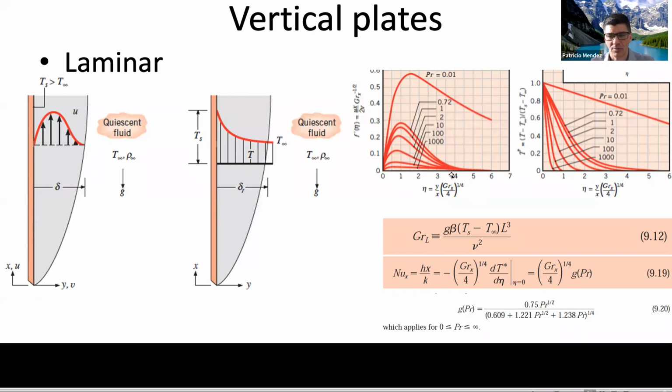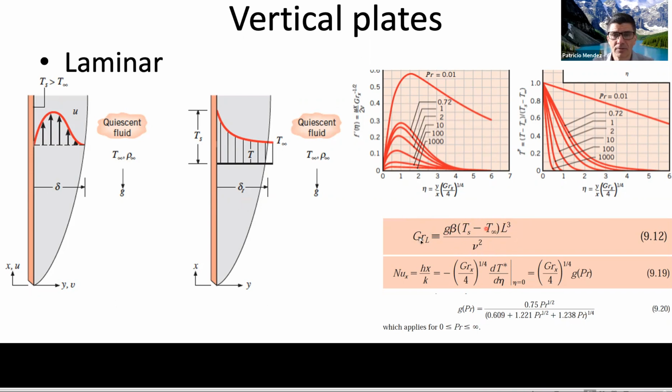I want to tell you more. I will not do this derivation, which the book doesn't have either, but you can do some back of the envelope thing. And you come up that if you do some sort of a force balance of buoyancy against viscous friction for this boundary layer, you're going to come up with a group of parameters such as this one here.